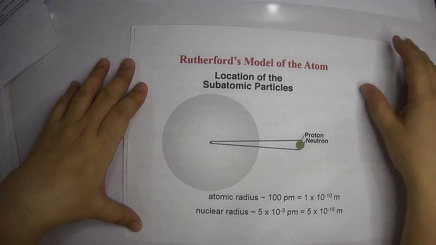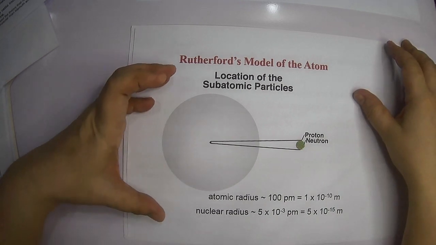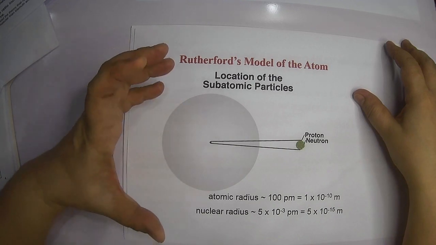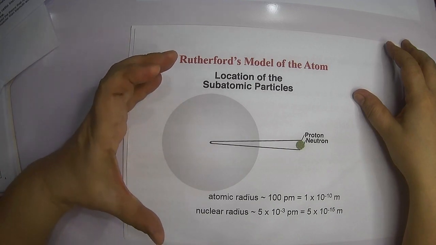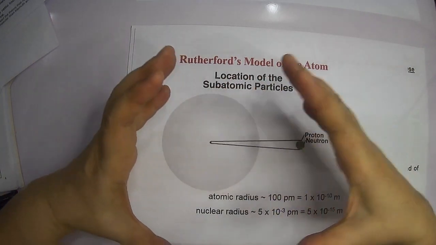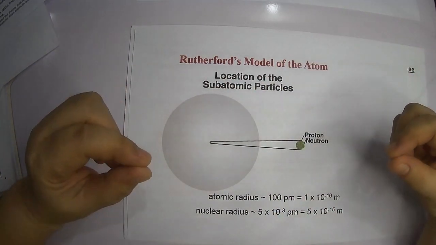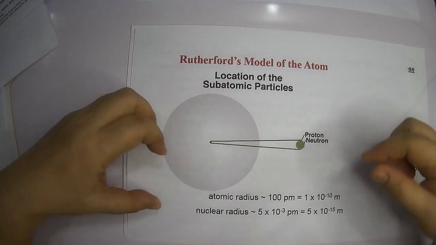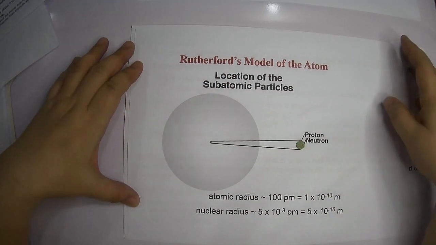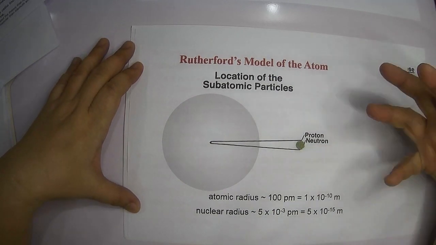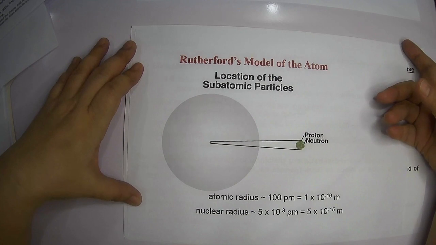An analogy was made on the size of the atom and the size of the nucleus by comparing a football stadium, being the size of the atom, and a football, being the nucleus. That is how they compare how tiny the nucleus is compared to the total size of an atom.